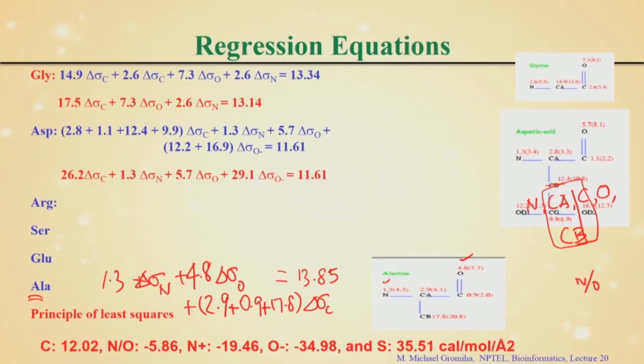For glycine, we see the C is 14.9 delta sigma C, and 2.6 also C, and O is 7.3, and N is 2.6 delta sigma N. What is the value for glycine?